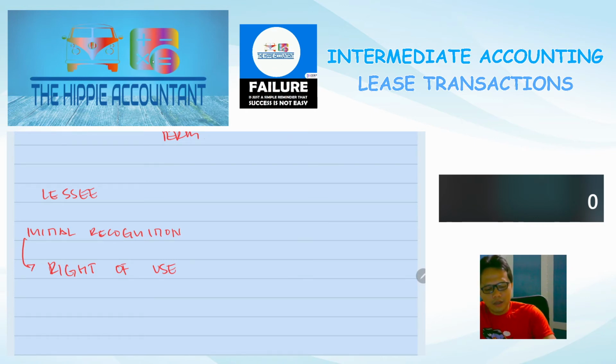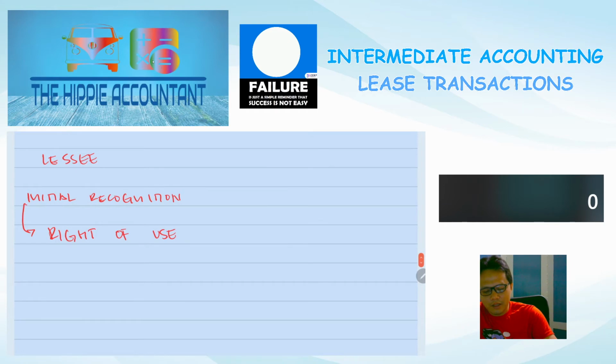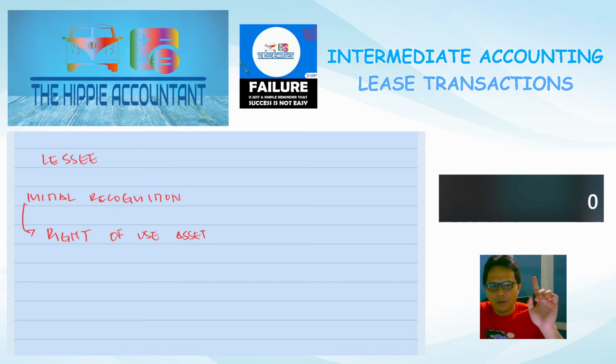So, in accounting, yung account na gagamitin natin na first pagdating sa lessee is yung tinatawag natin na right of use asset. Okay? Right of use asset. So, we need to recognize it on initial recognition. Okay?